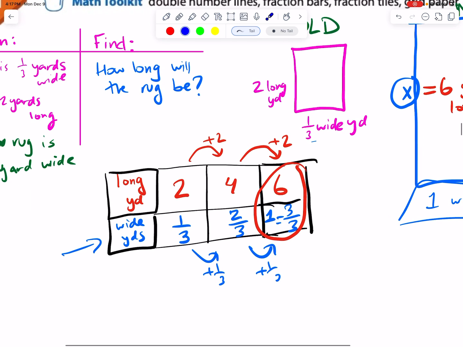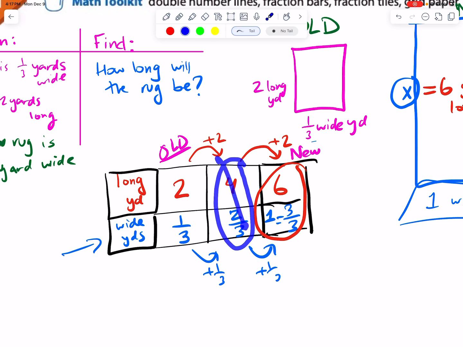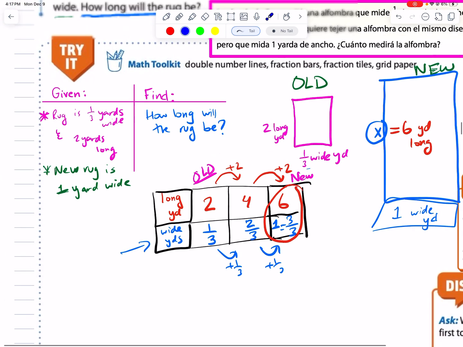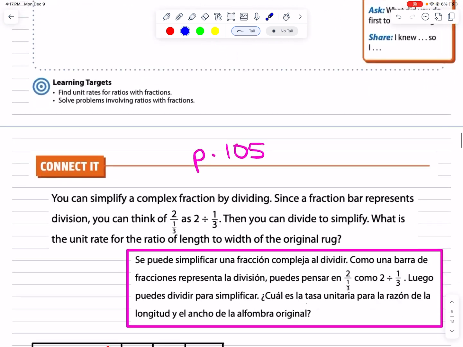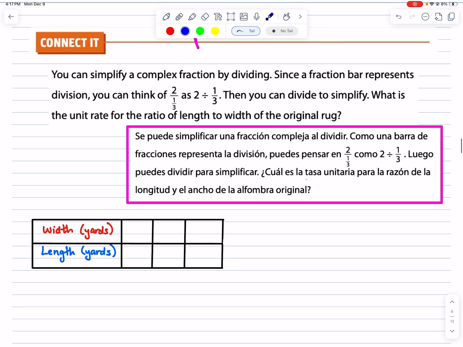This is our original, or old, rug, and this is our new rug. Yes, this is also a rug, but we don't want that one. We want the one that is 1 yard wide.